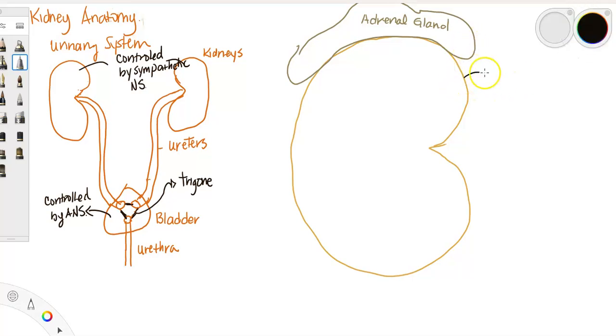So we have the renal capsule, and it's fibrous, so it's fibrous connective tissue or dense irregular connective tissue. Okay, so it surrounds it and protects it.